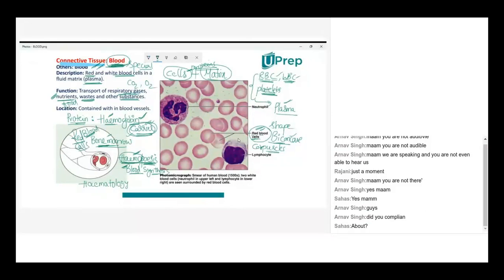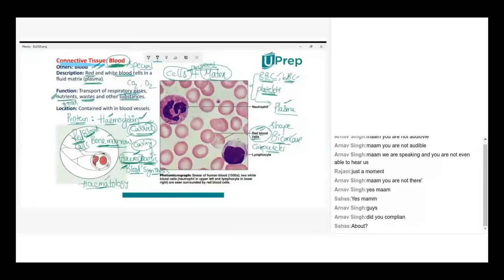The red bone marrow produces the blood. Marrow here is nothing but a cavity. Within the bones, we have cavities which are involved in hemopoiesis. Hemo always stands for blood. Hematology is the word used for the study of blood, the branch of biology which studies the blood and blood components, the blood cells and all.